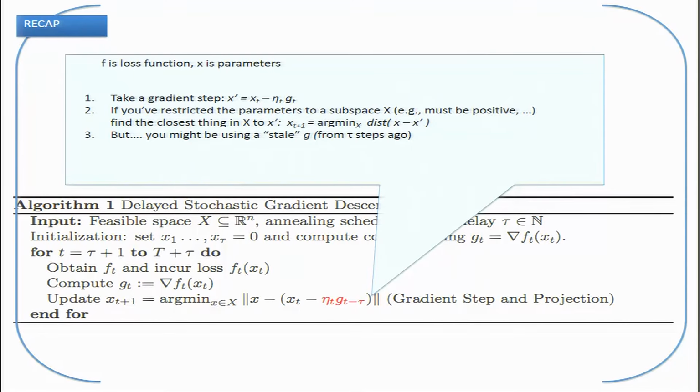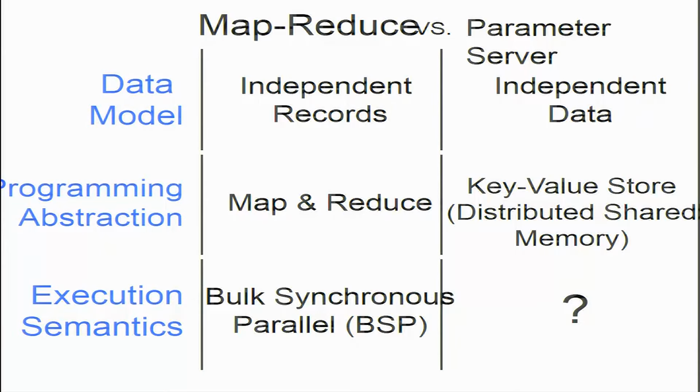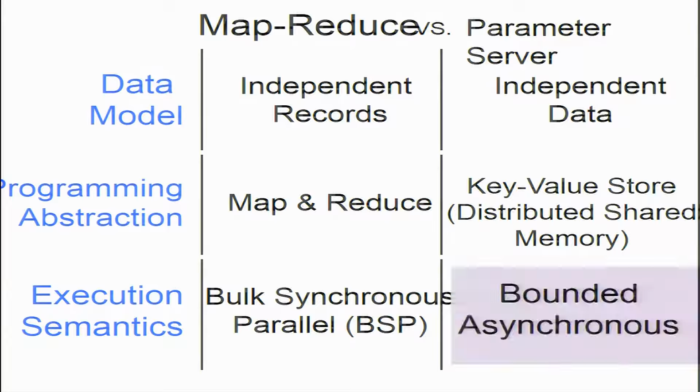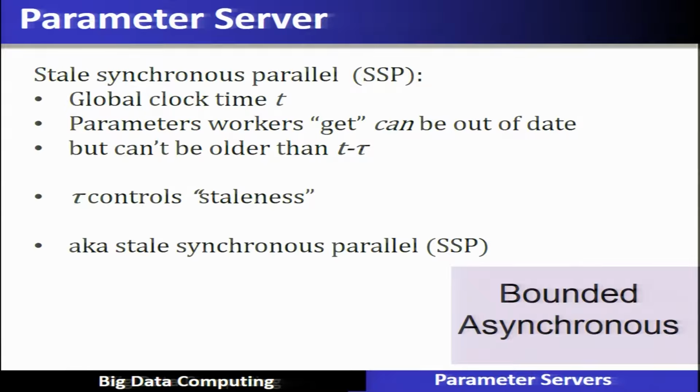Let us see what problem this update will create when using asynchronous communication. Therefore we require the execution semantics to be decided, so that this asynchronous operation should not be unbounded. It has to be a bounded asynchronous operation which has to be supported.